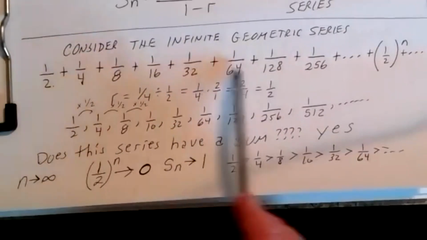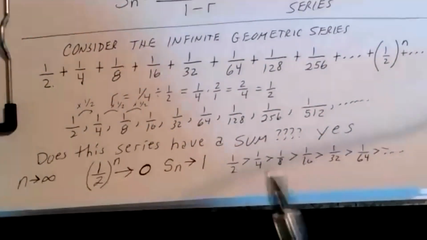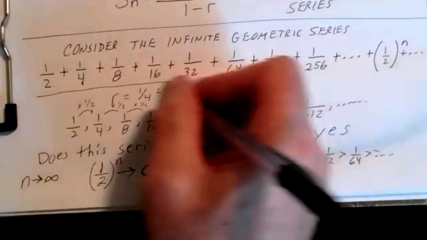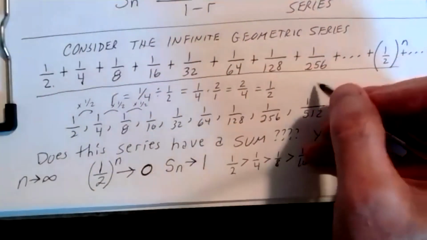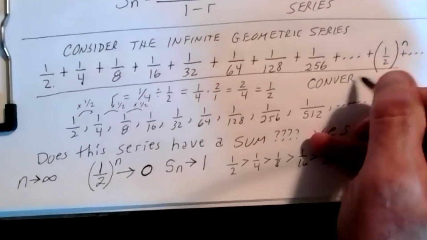Since this infinite geometric series is approaching a finite, defined real number sum of 1, we give it a name. It's called a convergent geometric series. We say it is converging.